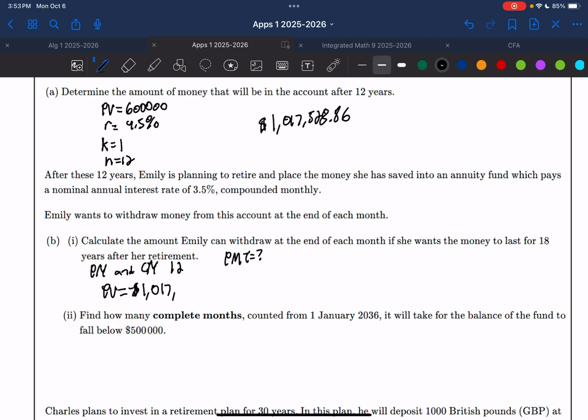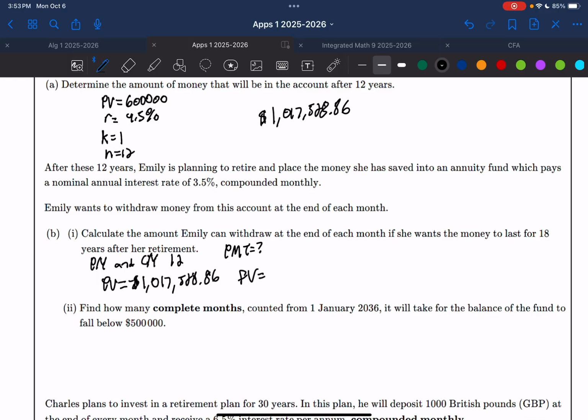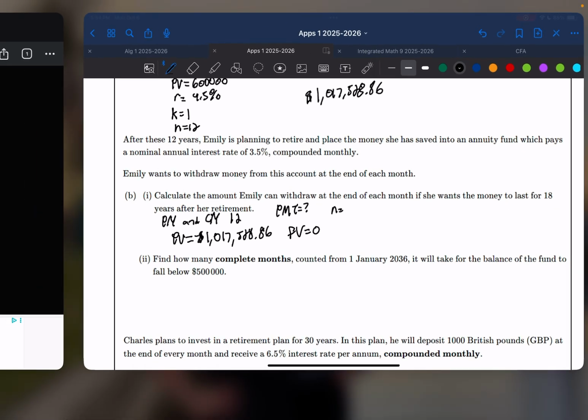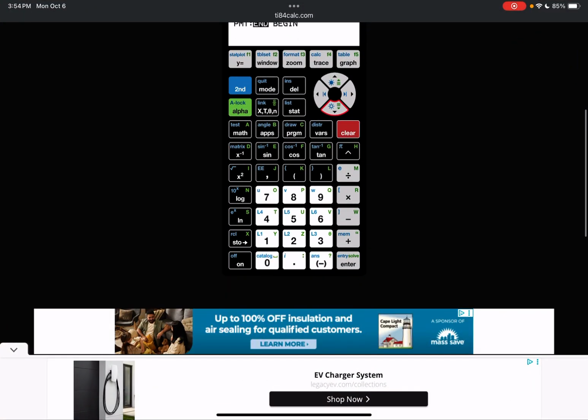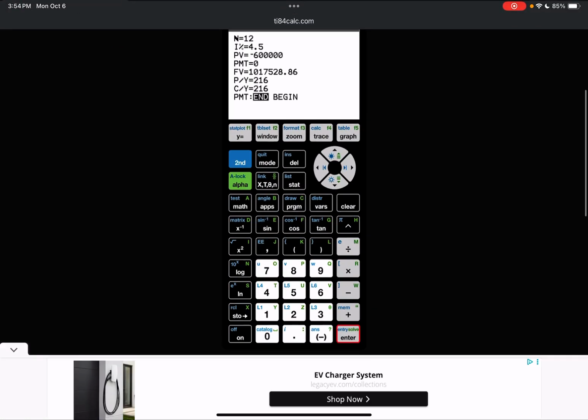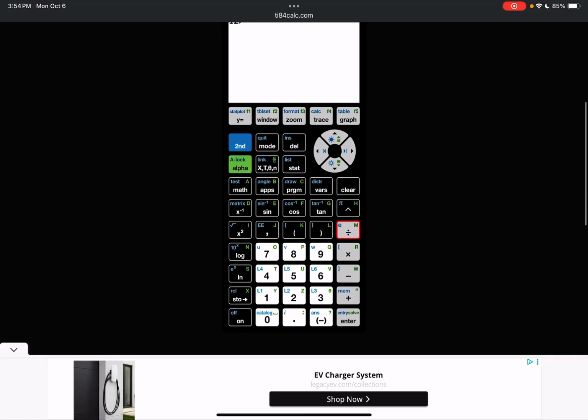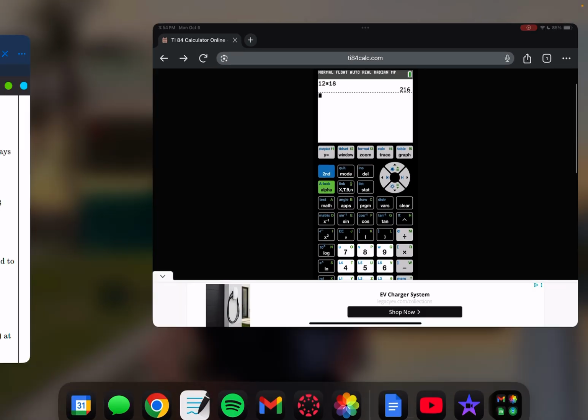We'd put into the calculator as a negative 1,017,528.86. And the future value we can put as 0 because you want to see until it is exhausted. Then we just have to worry about that N, which is the number of compounding periods. That's going to be 18 times 12, which is 216.